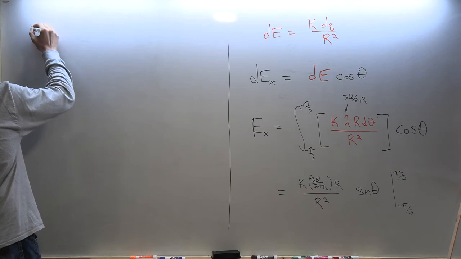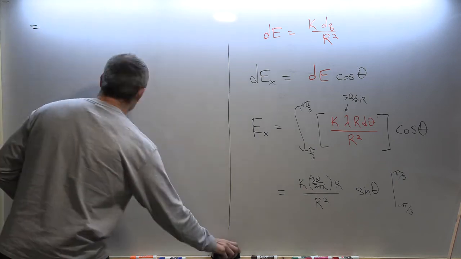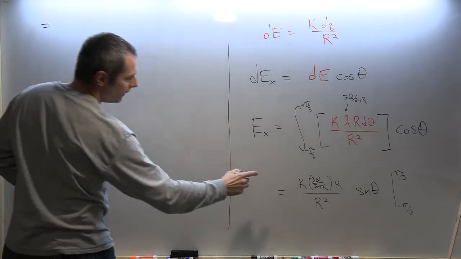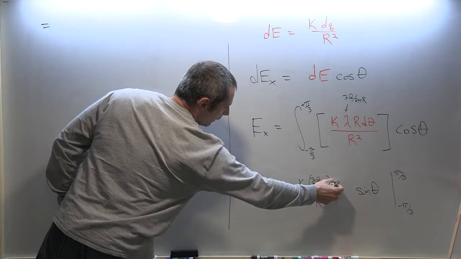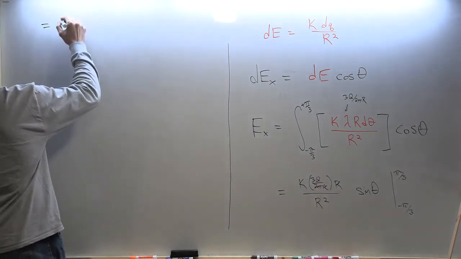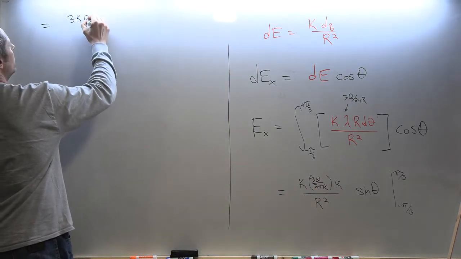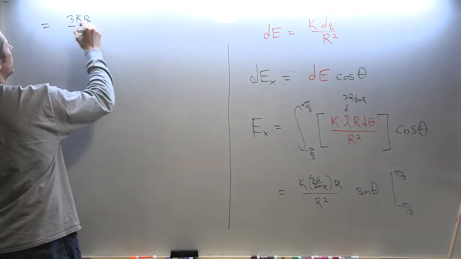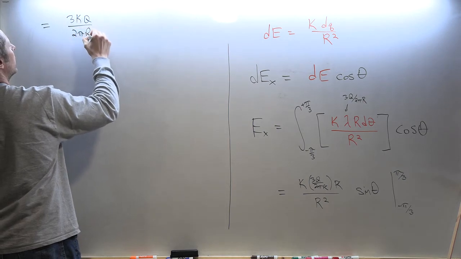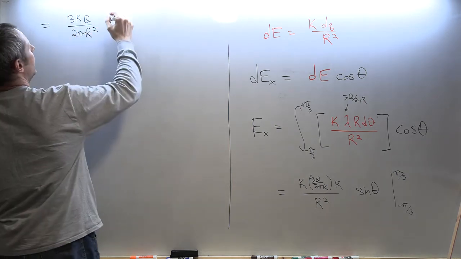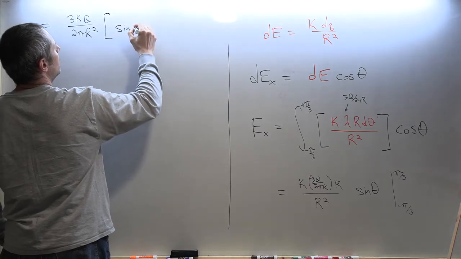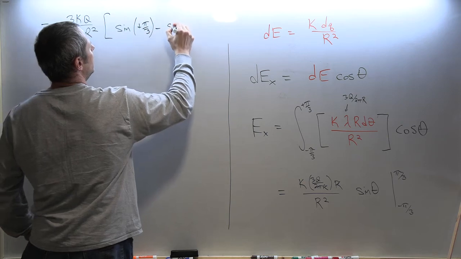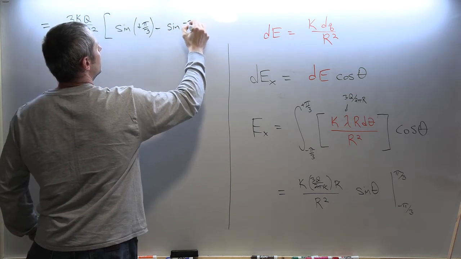I'll touch up the constants in the front. So that'll be the r here and the r here, and what I have is 3kq over 2 pi r squared. And then I plug in sine of positive pi over 3 minus sine of negative pi over 3.